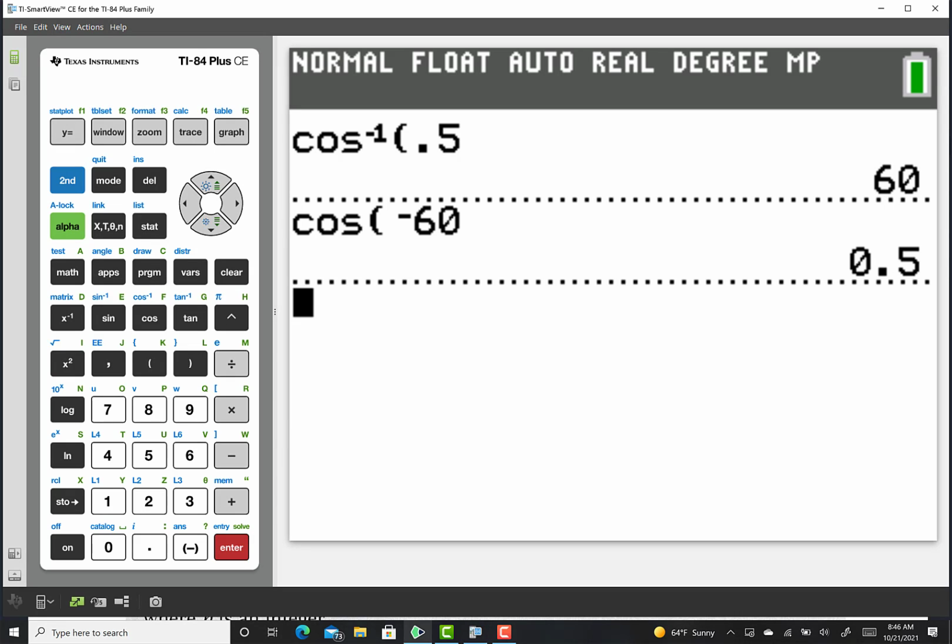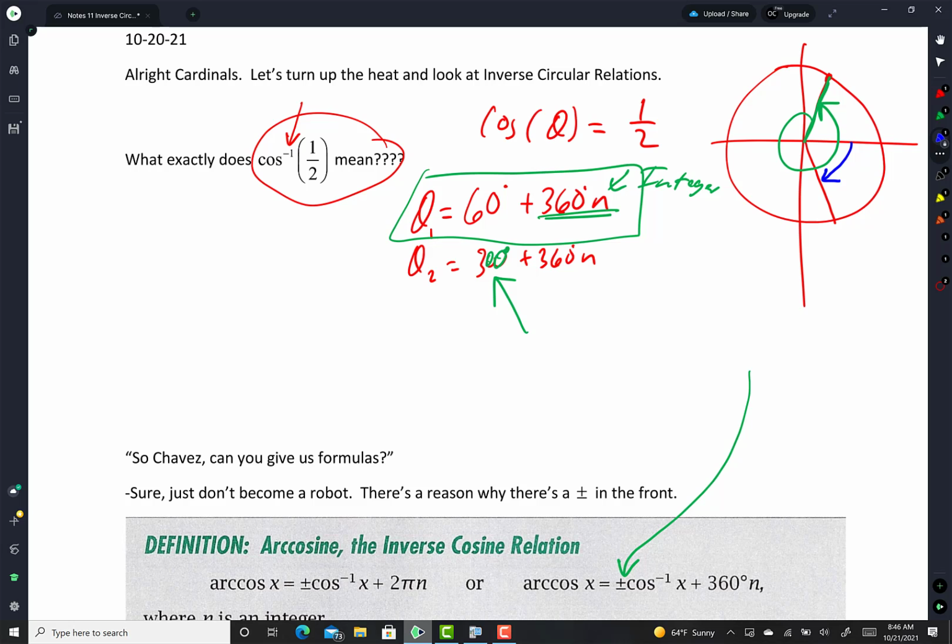So how do you get the 300? Well, if I do the negative 60 and I add 360 to it, look at that. You get your 300. Do you guys see that? So this plus minus comes from the fact that the positive and the negative angle will both give you that half. Does that make sense to everyone?